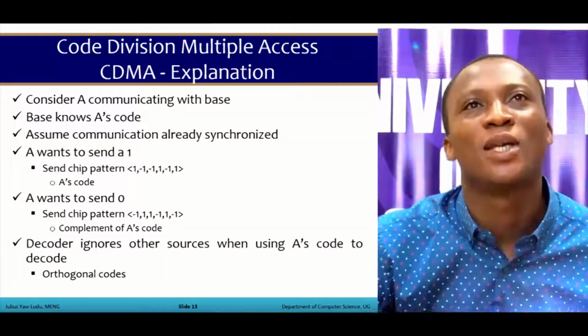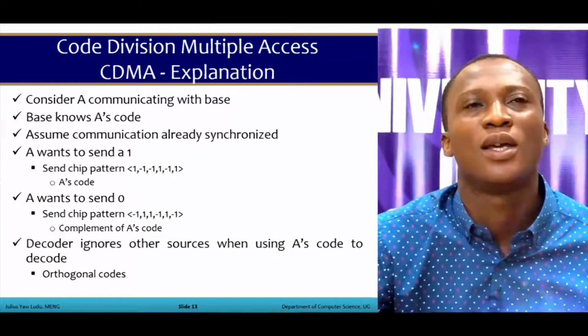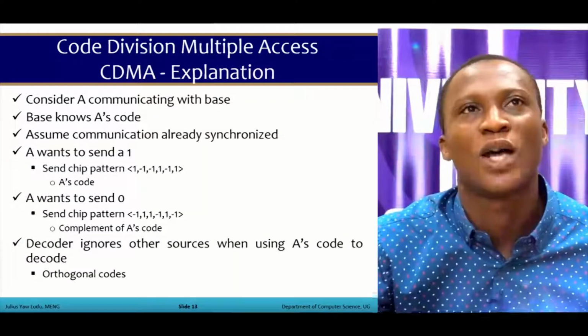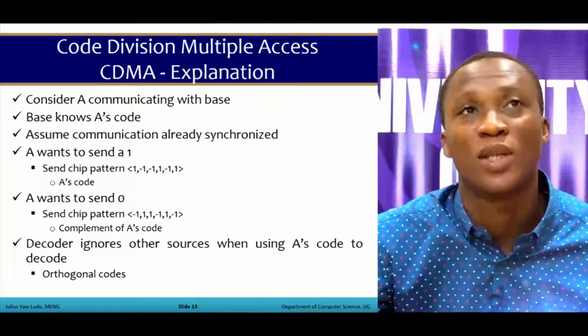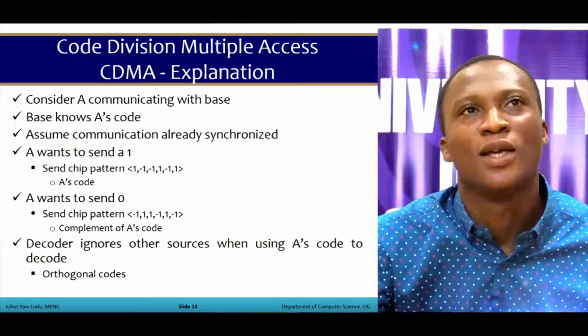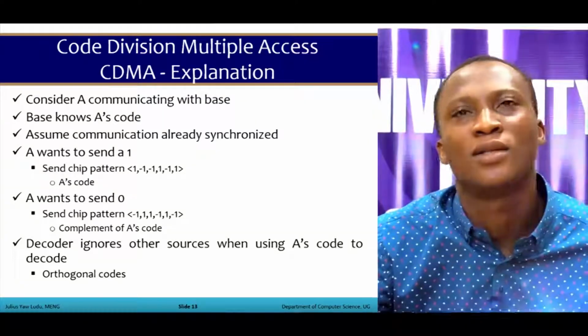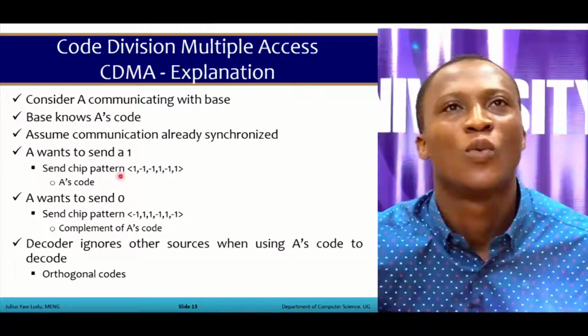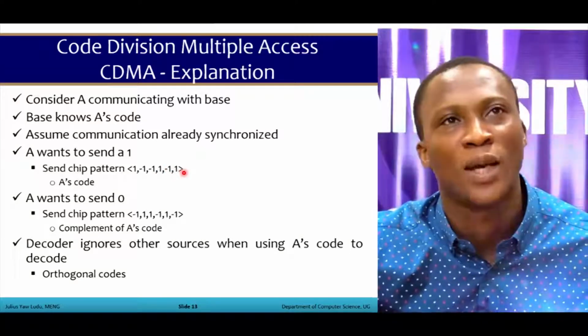Let's consider A communicating with the base. The base knows A's code. So assume a communication is already synchronized between them. Now A wants to send a 1. So A will send a chip pattern, say 1, 1, negative 1, negative 1, 1, negative 1, 1.